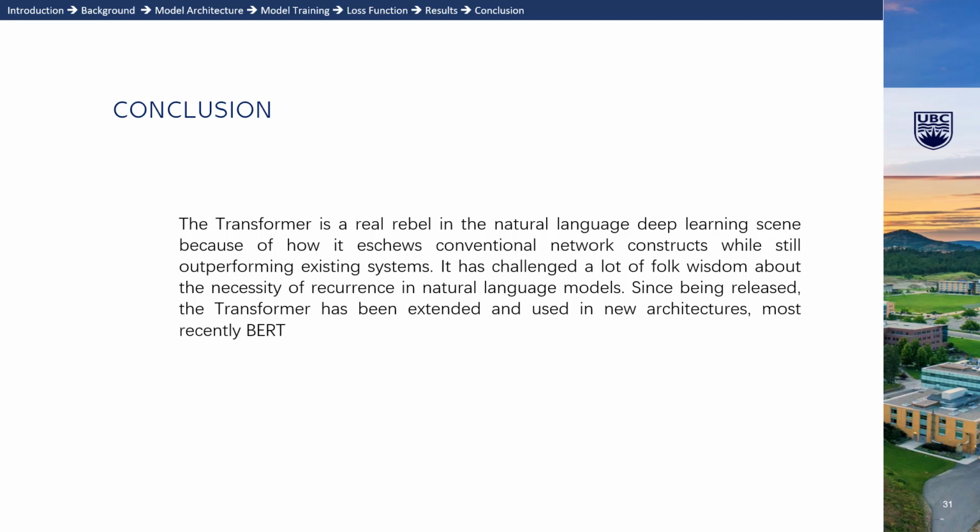For translation tasks, the transformer can be trained significantly faster than architectures based on recurrent or convolutional layers on both WMT 2014 English to German and WMT 2014 English to French translation tasks. It achieves a new state-of-the-art. In the former task, the transformer's best model outperforms even all previously reported ensembles.